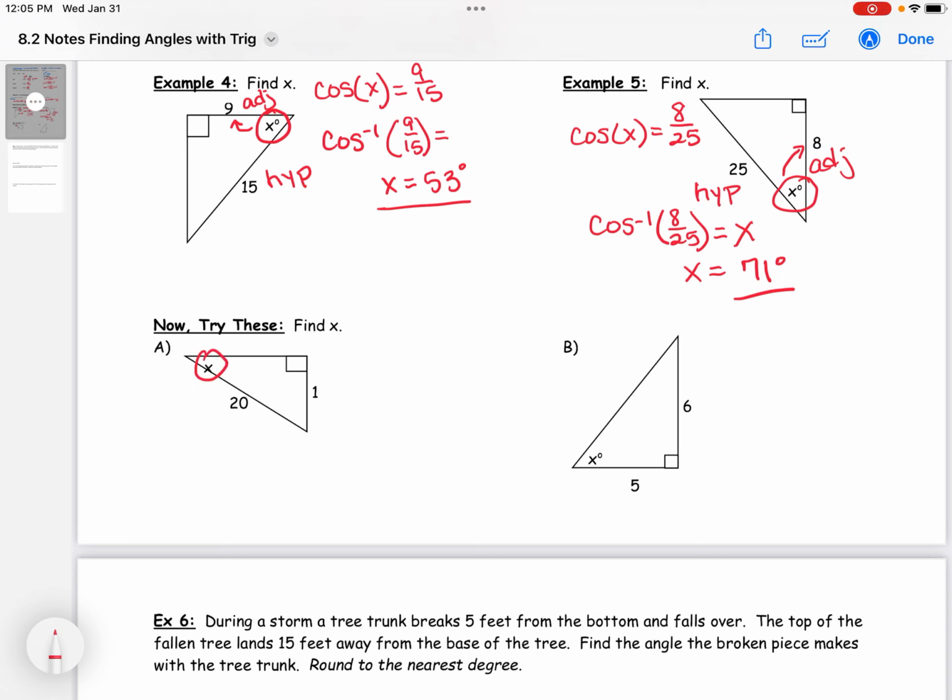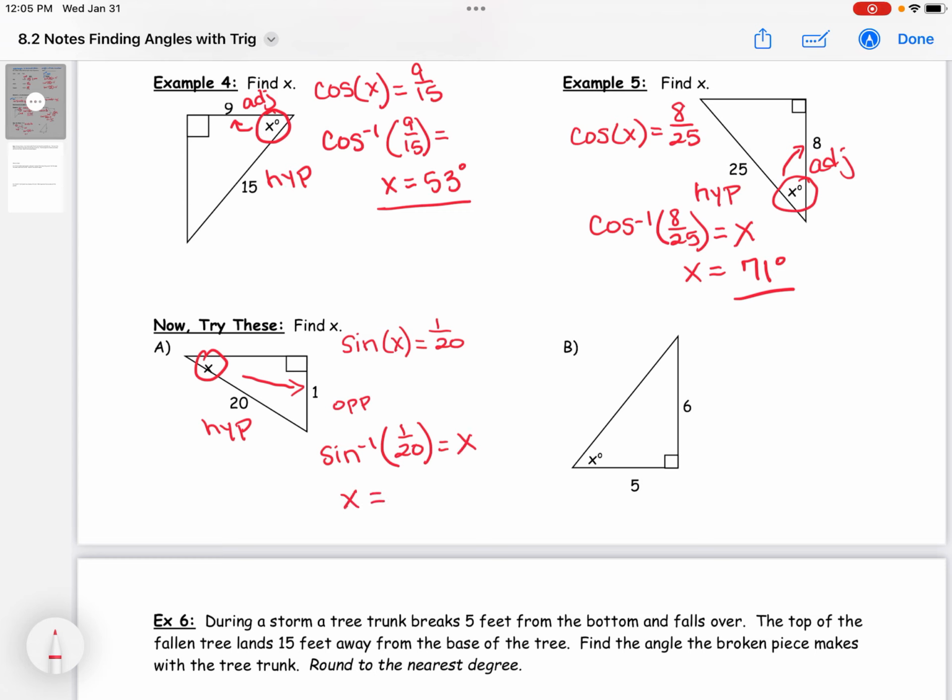All right, you should be able to try these. Opposite and hypotenuse is sine, so sine x equals 1 over 20. If I need the angle, second sine 1 divided by 20 equals x.